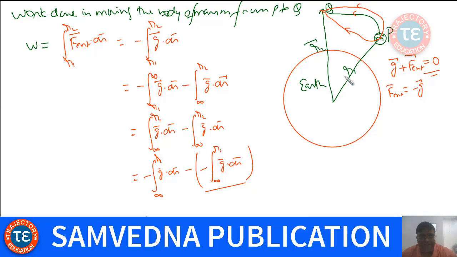But sorry, I made a mistake in fact. See, the mistake was, we have a body of mass M, but this is not the force which earth applies on a body of mass M. This is the force which earth applies on a body of mass 1 kg. So the force which earth will apply on the body of mass M will be mg. So Fext will be mg, sorry, put m everywhere, right?